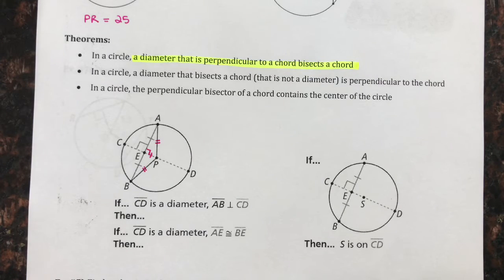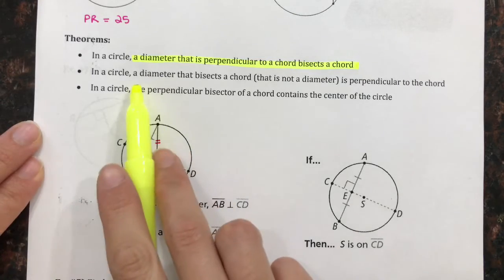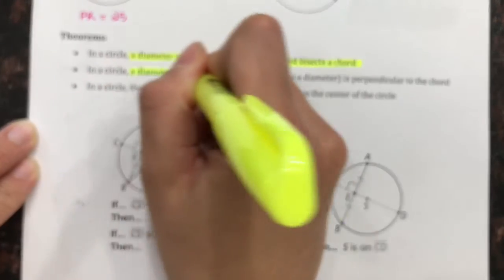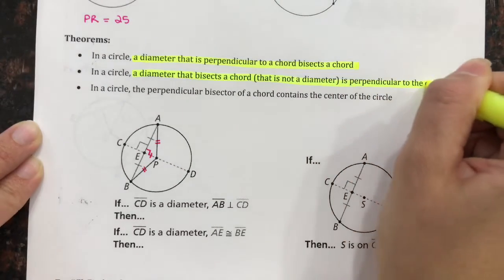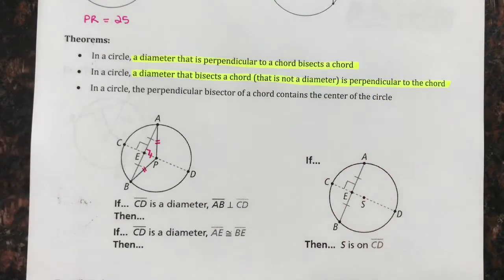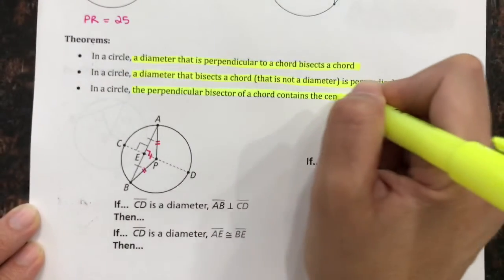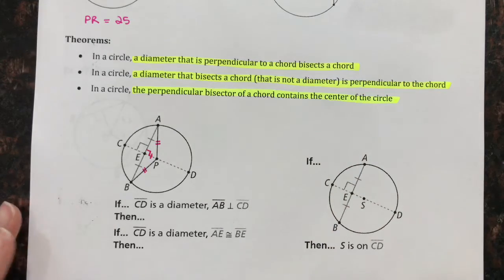And the other thing that comes along with this is that if a diameter bisects a chord, then it has to be perpendicular to the chord. So it's just the converse of what we just talked about, okay? And then finally, the perpendicular bisector of a chord has to contain the center of the circle, okay?